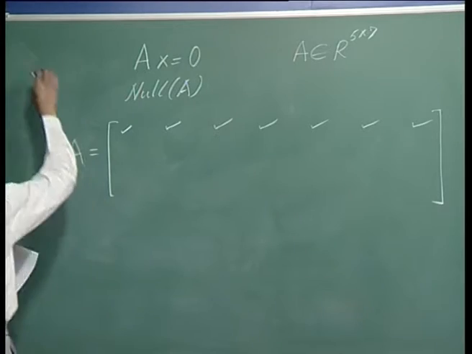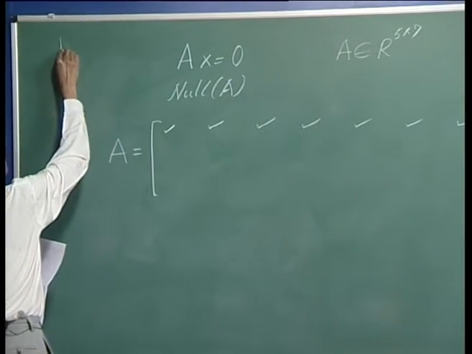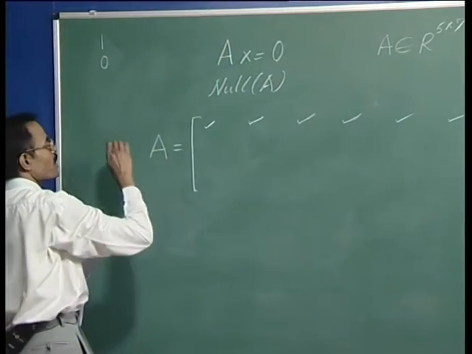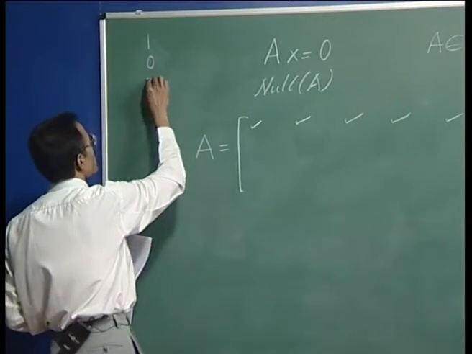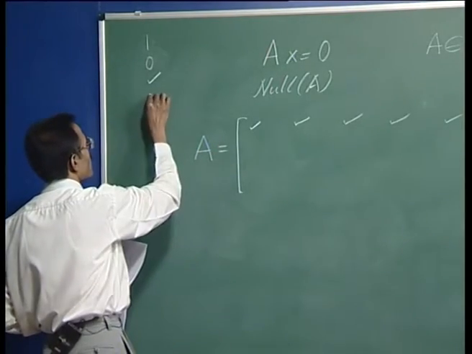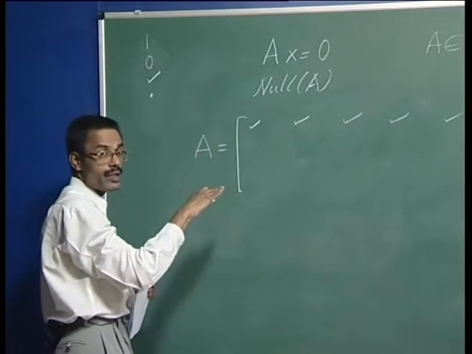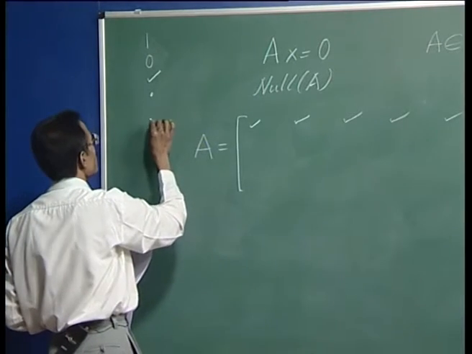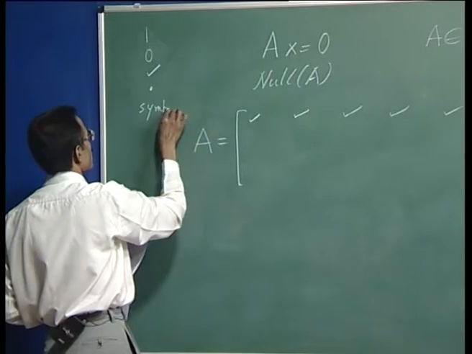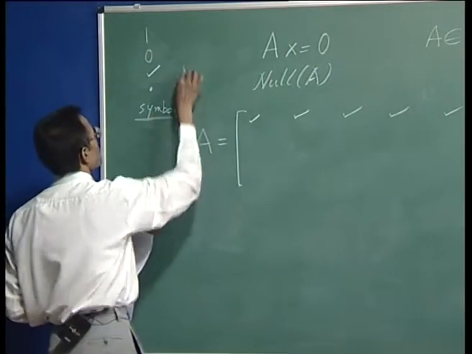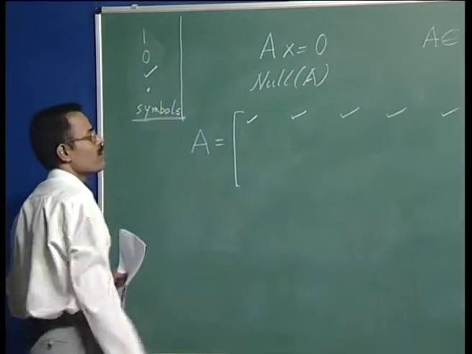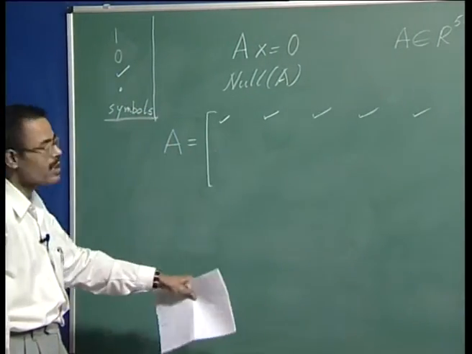That means we will be using symbols: 1 when it is known that it is a 1 there, 0 when it is known to be 0 there, a tick mark when it is changed from the previous step, a dot when it remains unchanged from the previous step, and a symbol when that is going to be used. So, these 5 notations we will be using in elaborating this method.